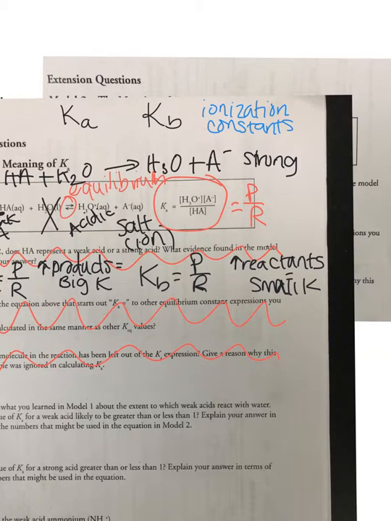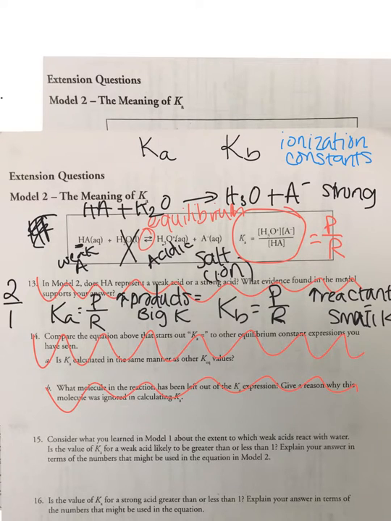But what does that mean in terms of strong or weak? Well, look back at our equation one more time. If we are making more acid, so if we're moving towards this guy right here, if we're moving towards our hydronium, are we a strong acid or a weak acid? If we have a lot of hydronium, are we strong or weak? Very strong, right? That's what makes you an acid.